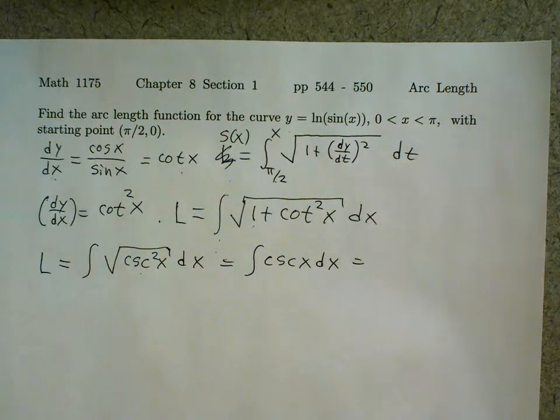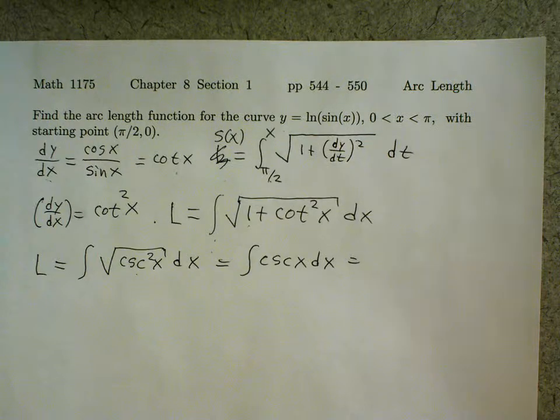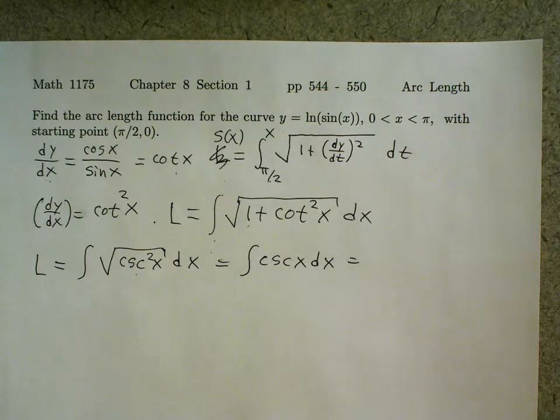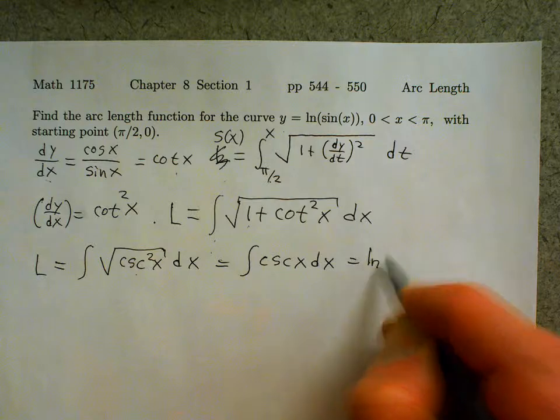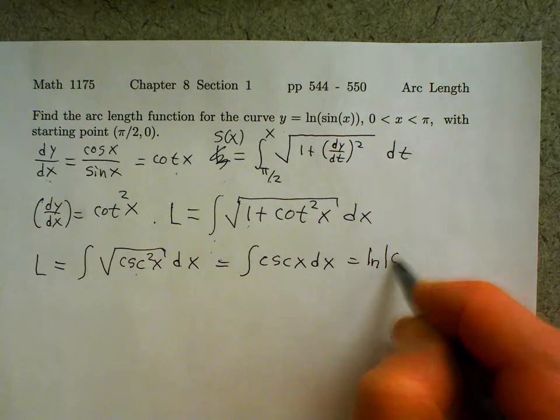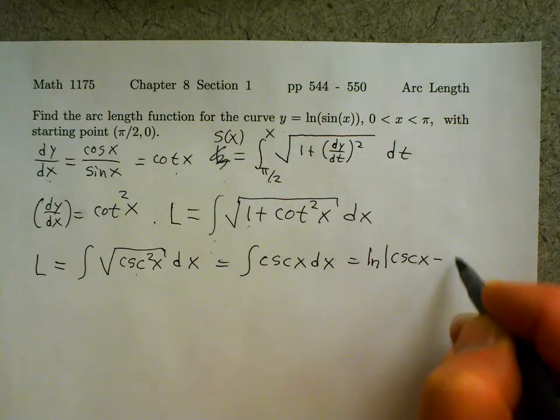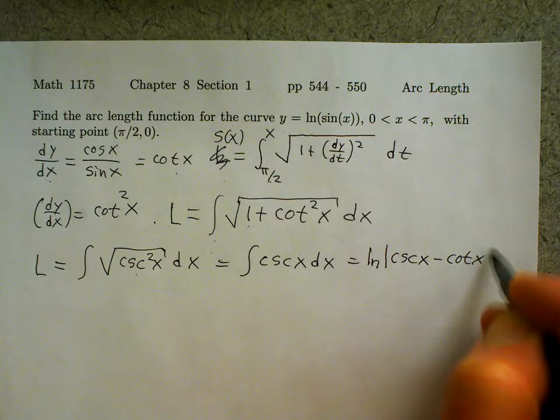And then finally, the antiderivative of cosecant of x. So this antiderivative is the natural log of the absolute value of cosecant of x minus cotangent of x.